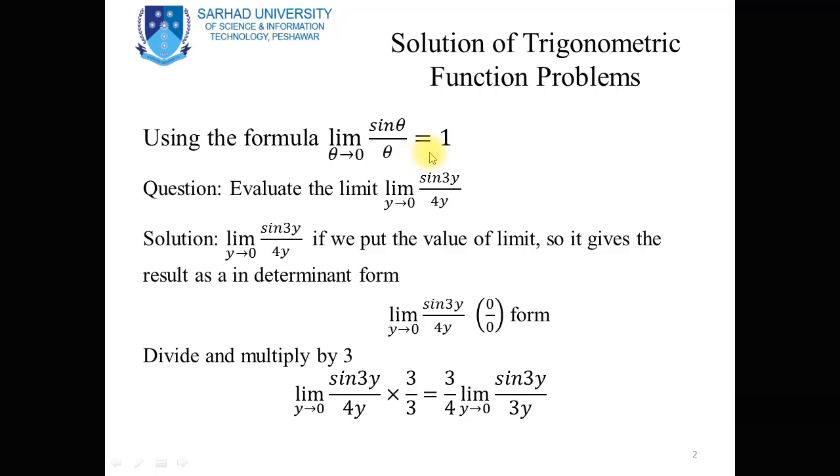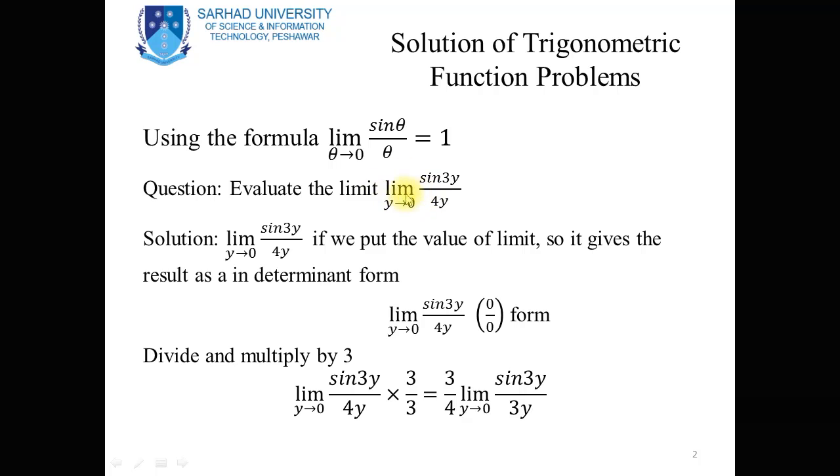So when we obtain 0 by 0 form in case of trigonometric functions, we use this theorem. We transform the function into this form, then we can easily put limit theta tends to 0 of sine theta by theta is equal to 1. So by using this theorem, we can define the undefined 0 by 0 form for the limit of a function.